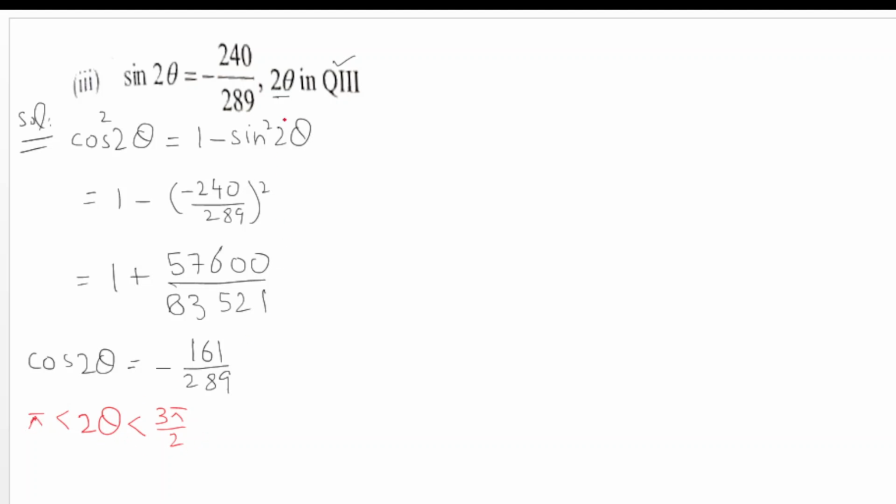We have to discuss theta, but here 2 theta is given, so we'll divide by 2 on both sides. So it will be pi by 2 on both sides. So it will be theta, as we have to discuss, and that will be 3 pi by 4. So when you see this clearly, theta greater than pi by 2, it means that it is starting from the limit of the second quadrant.